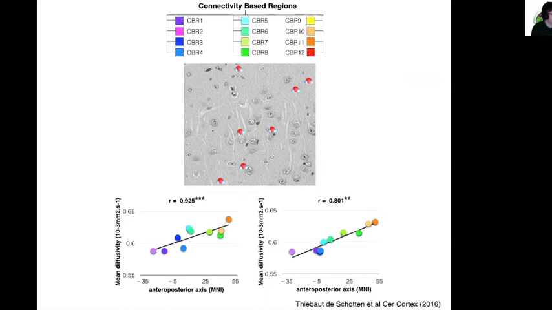If you look at that in detail, along a posterior to anterior axis in stereotaxic space, with the most anterior part on the right and the most posterior part on the left, you can see that this is true. You have a progressive increase of the ability of water to diffuse as you go towards the frontal pole of the brain.